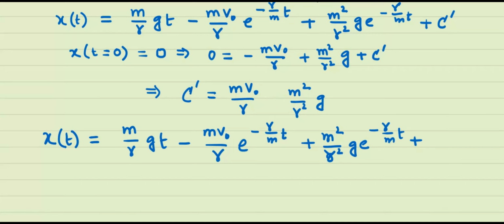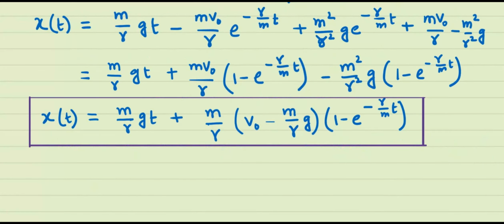Yeah, this should be negative. So negative, we have m v naught divided by gamma minus m squared divided by gamma squared g. If you rearrange this, what do we get?